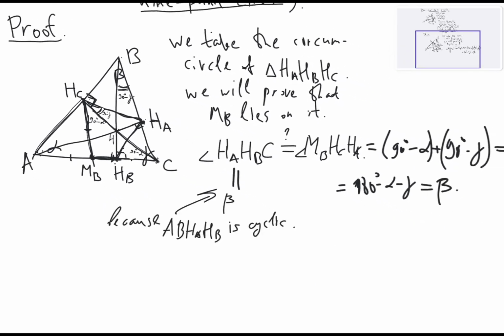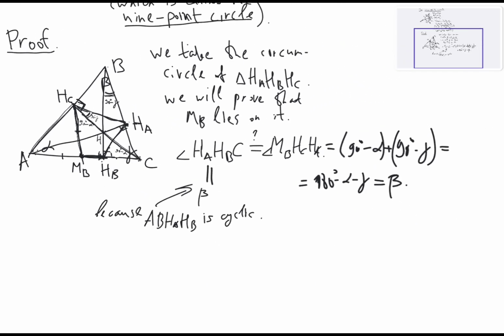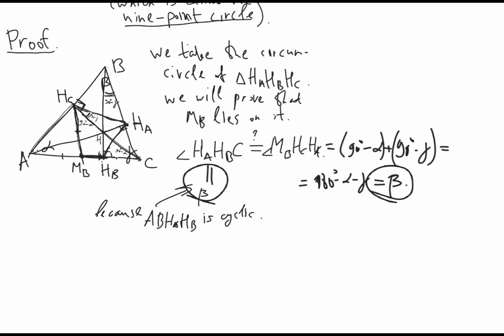So that's what we established, and so we see that on the left hand side and on the right hand side we have the same thing. So basically this equality holds, and we can remove the question mark.